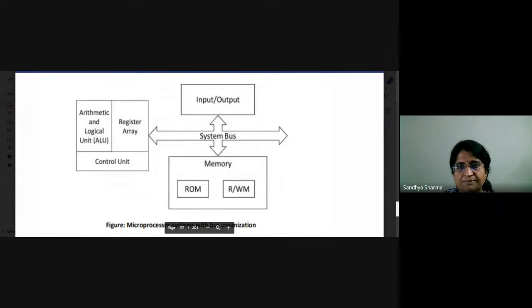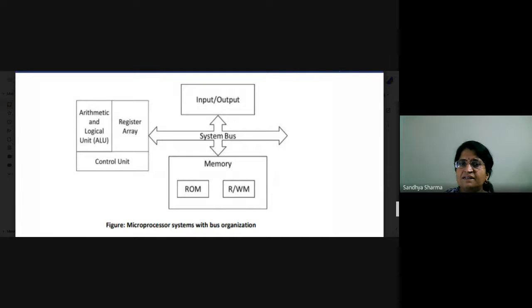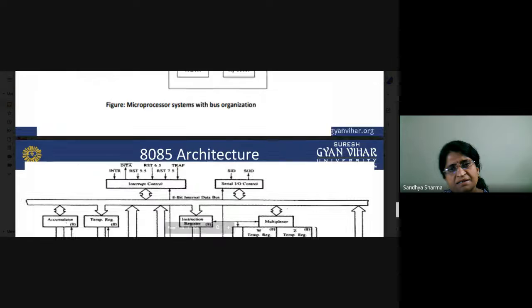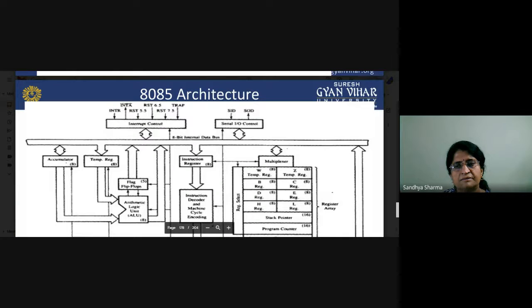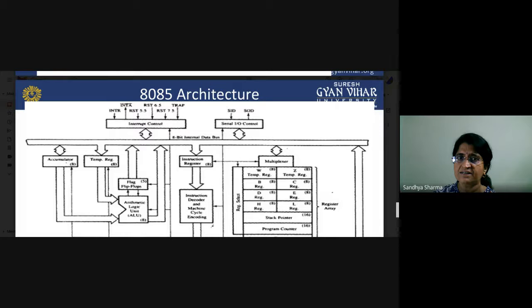Now, in the microprocessor, as we have to study, there is a memory part. The microprocessor system also has memory, arithmetic logic unit, register array, and control unit. These are the very basic parts which we have to study. You can see the architecture here. Again, just slightly revising, these are the interrupt signals, SID, serial input, serial output, which command how your system will work.